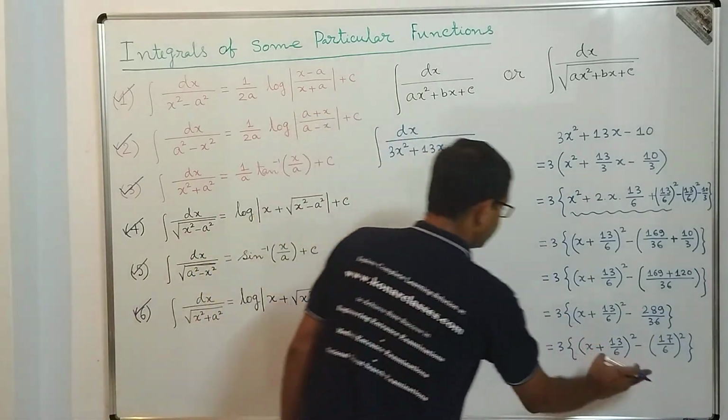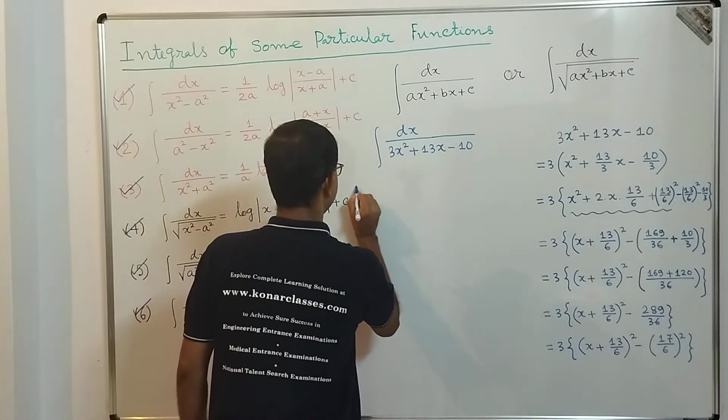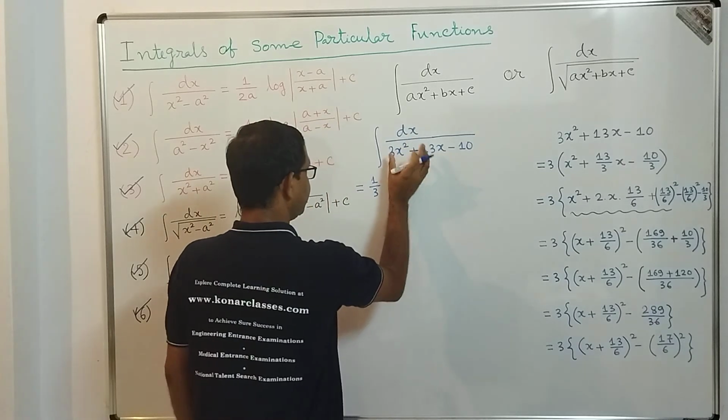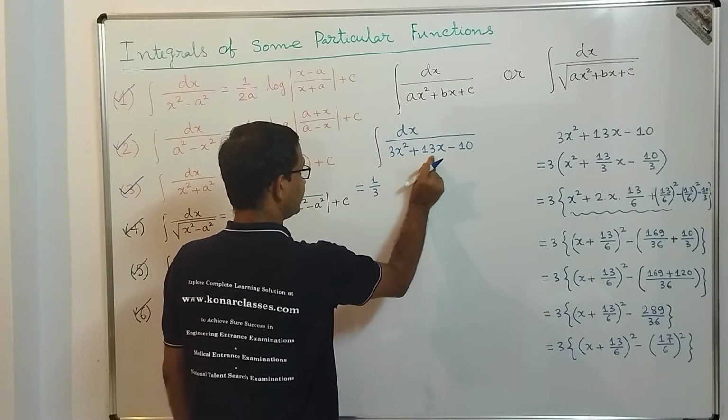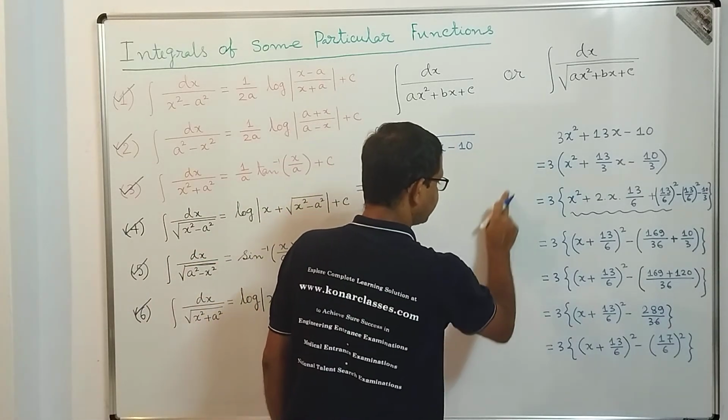So now we get into our form, so we will apply it here. So what we are going to get is 1 by 3, because here it is 1 by 3x square plus 13x minus 10, and whatever we have done here is 3x square plus 13x minus 10.